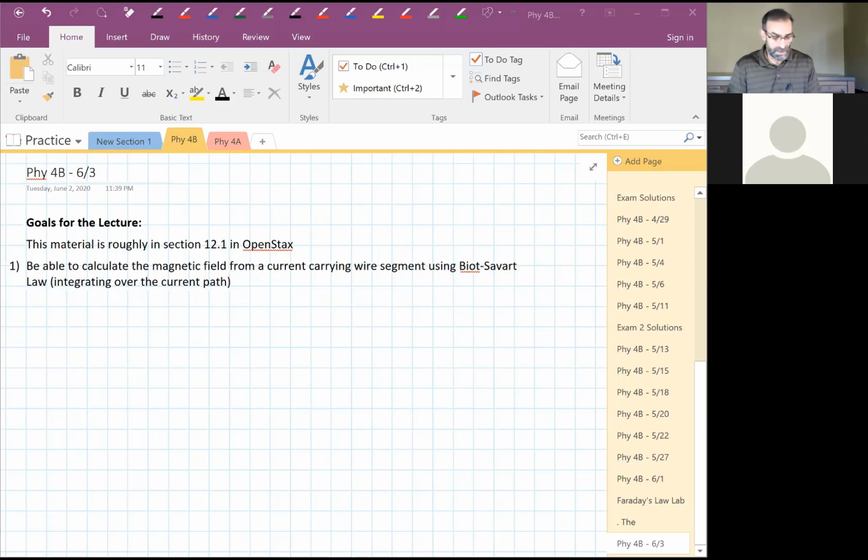All right. So where we kind of left off was that a current carrying wire, you sort of have to understand that the wire is going to have magnetic fields that encircle it.